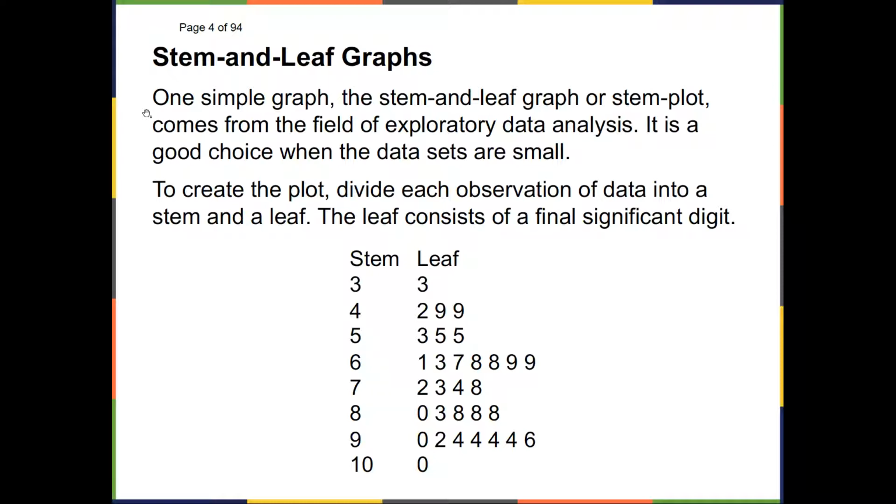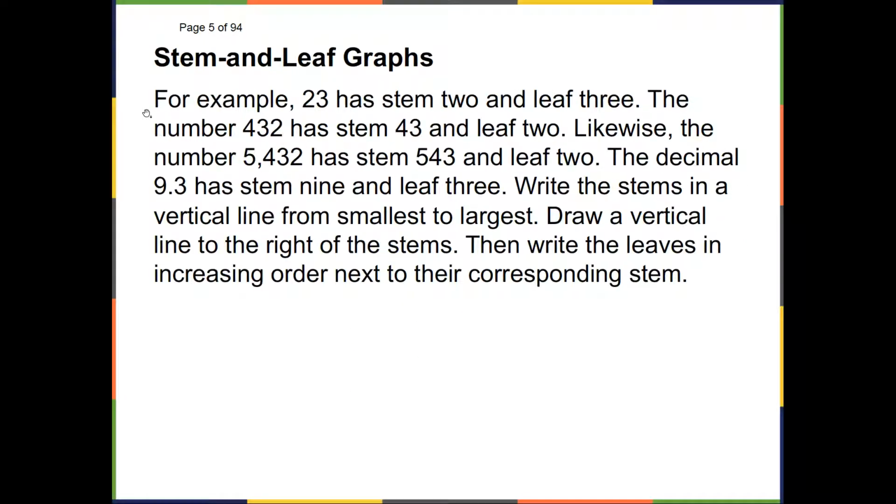I almost never encounter it, and the reason why I personally almost never encounter it is because you really only can use it when the amount of data is pretty low. So if we have the number 23, then the stem is 2 and the leaf is 3.